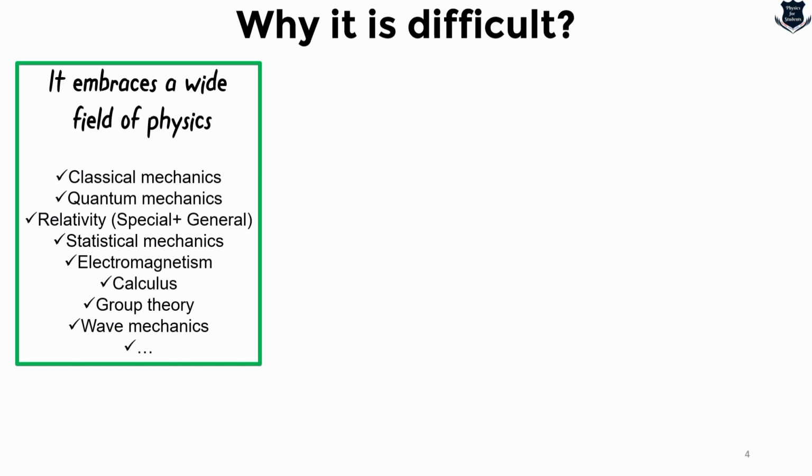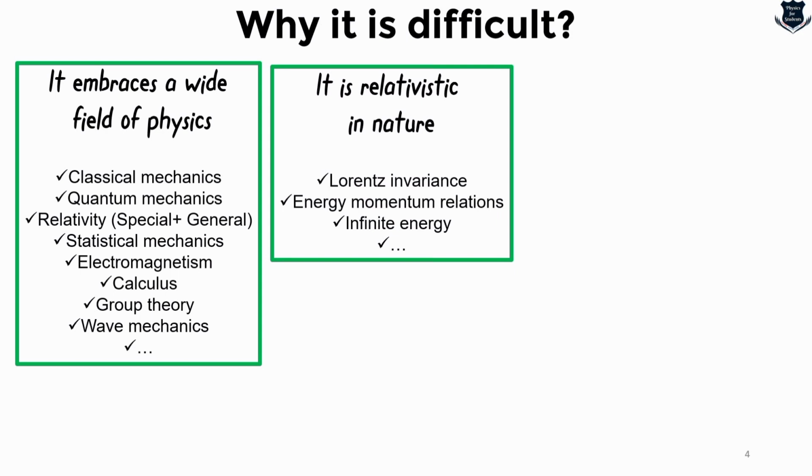I have enumerated the reasons: it embraces a wide field of physics which includes classical mechanics, relativity, statistical mechanics, electromagnetism and a lot more. And because it is relativistic in nature, we have to include all the equations of special theory of relativity into this.